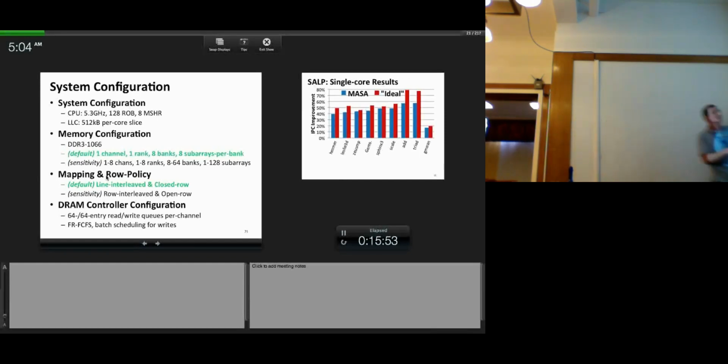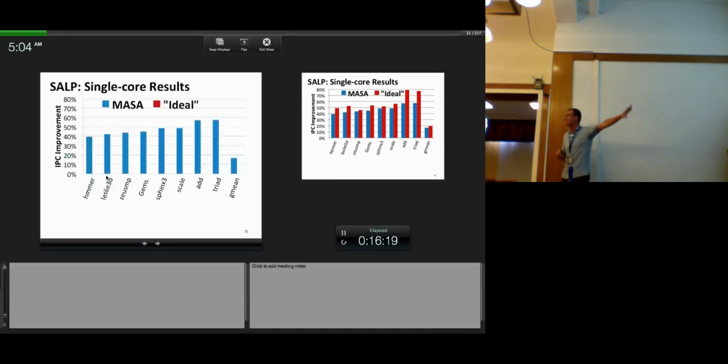The line interleaving, how you map the data on these subarrays, actually has an effect on the performance you get, right? If you map the data address bits randomly to these subarrays, you may not get a lot of locality in the row buffers. So we looked at both line interleaved and row interleaved policies. Remember the cache block interleaving and row interleaving that we discussed in the basics lecture. And this works with different policies, but there could be other policies that can take advantage of this much better.